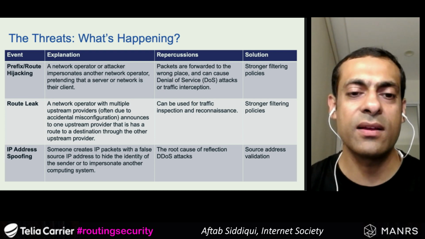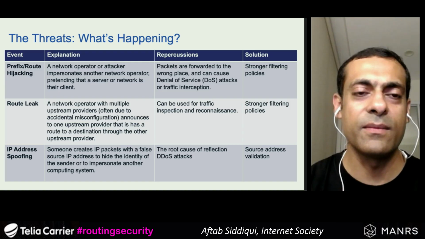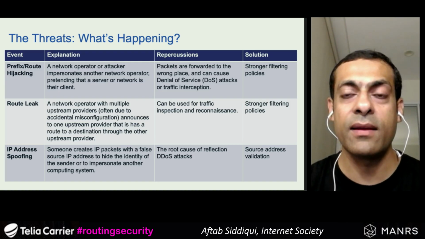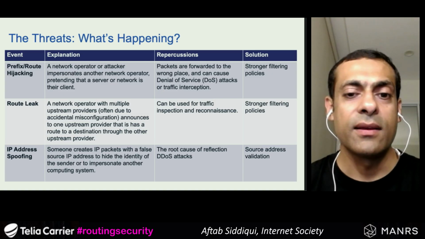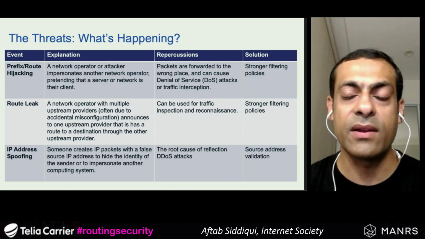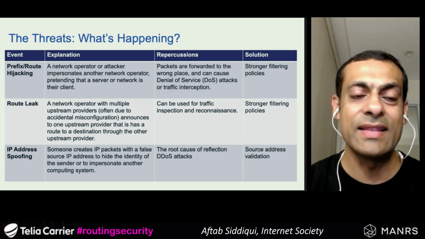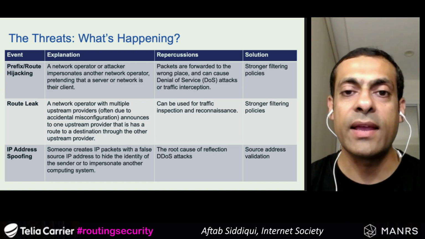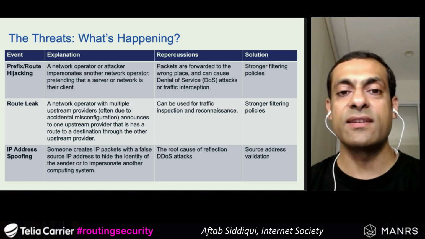This is one of the causes of DDoS attacks, whether NTP reflection or DNS reflection attacks. If network providers implement anti-spoofing, you can get rid of these attacks as well.